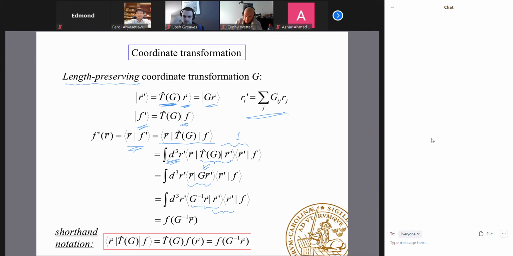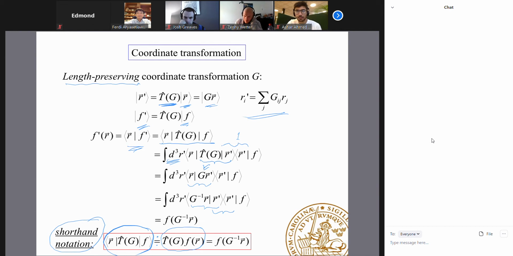So we use this shorthand notation here. So we have that thing. We say that is equal to. So this is the shorthand notation. By itself it has no meaning, because t hat here is an operator in the abstract space, so we cannot apply it to some number like this.